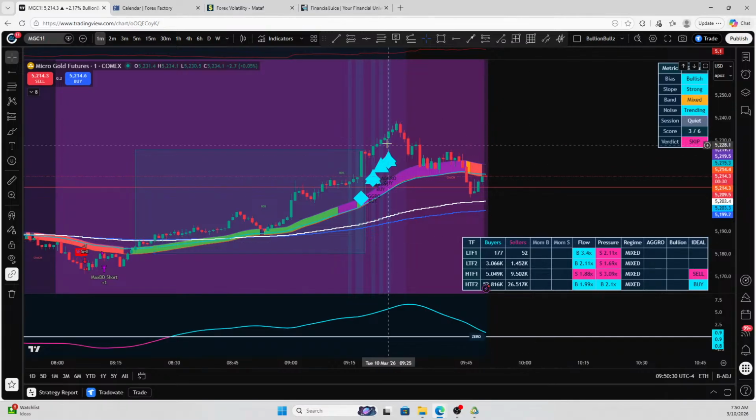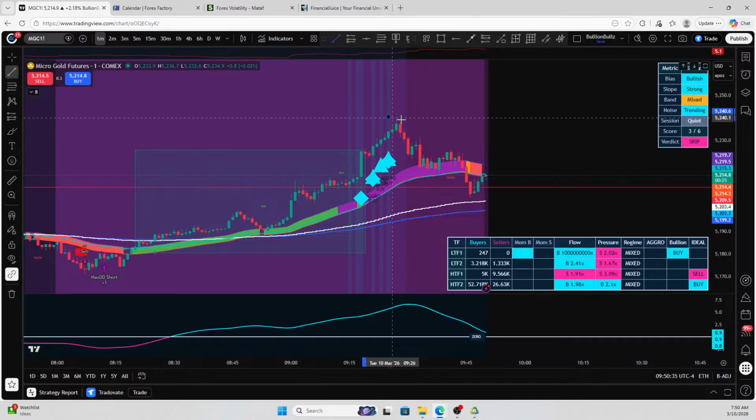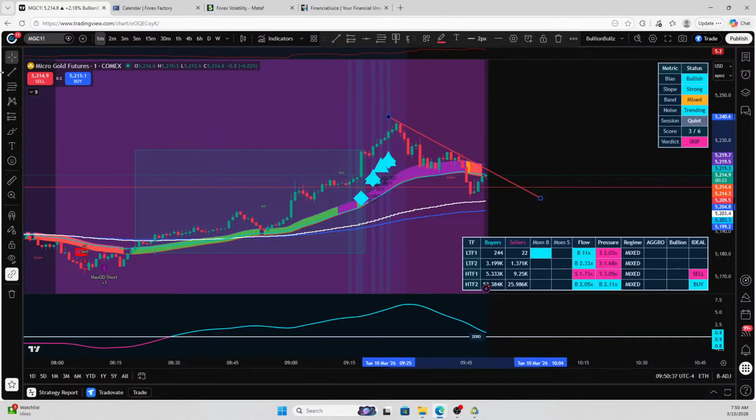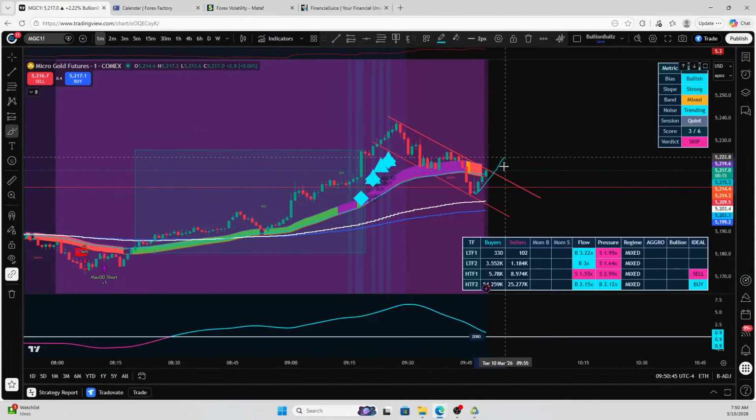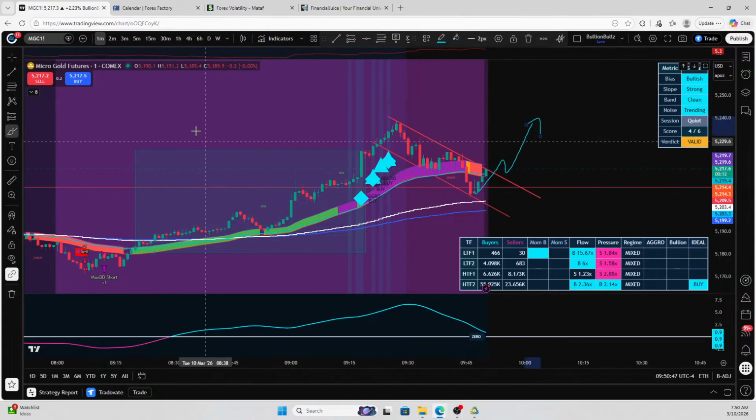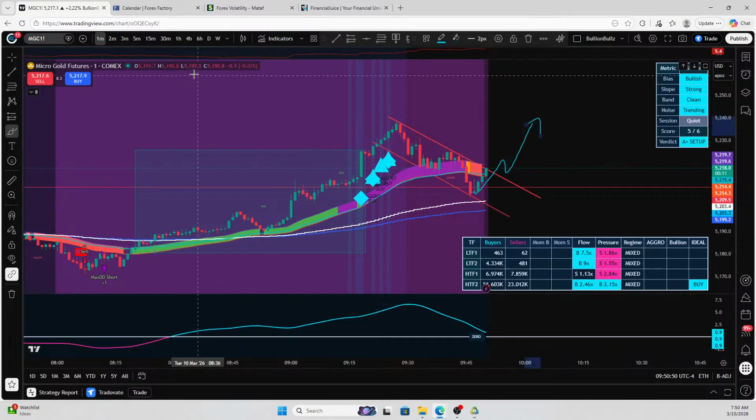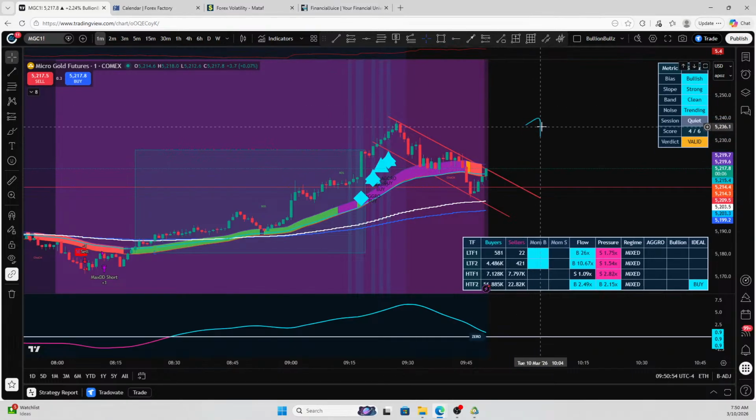Yeah, it's a descending wedge, and normally what happens is we can potentially see a breakout from such wedges, right? So we could potentially see this push up like this. So this is something we can keep an eye on. We do see pressure building up, but we want a clean move.